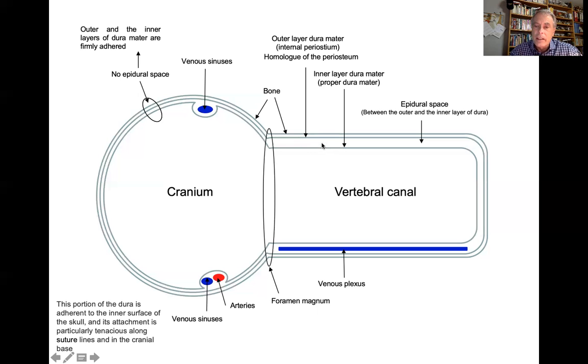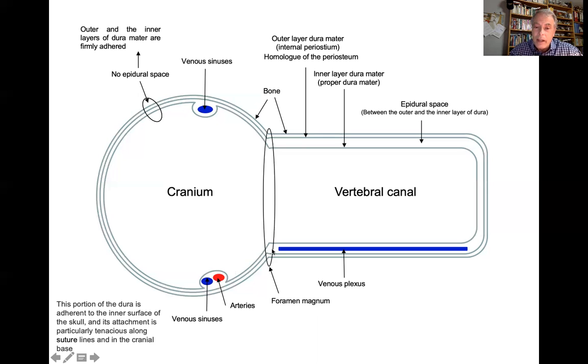These two layers are separated at the vertebral canal, and this space is the epidural space. However, inside the cranial cavity, both layers of dura are attached one to the other. They just detach to locate the venous sinuses or arteries, okay?